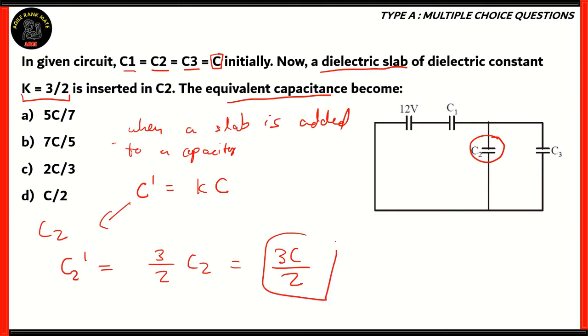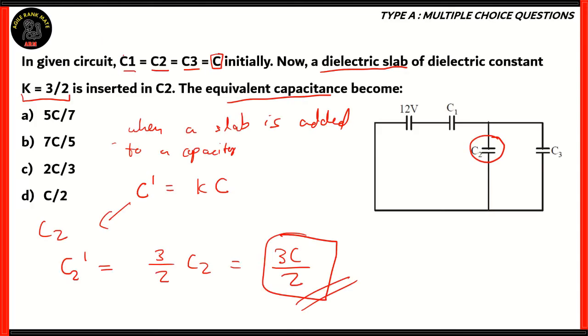Now from here, we need to find out the equivalent capacitance across the entire circuit. Now, if you've noticed, both capacitance C2 dash and C3 are connected in parallel. So both of these are connected in parallel.